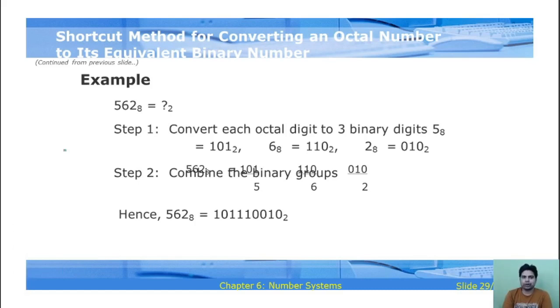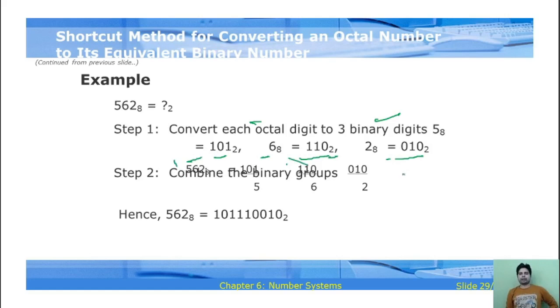So octal to binary. Convert each octal digit into 3 binary digits. Take 265. 2 can be written as 010, 6 can be written as 110, and 5 can be written as 101.